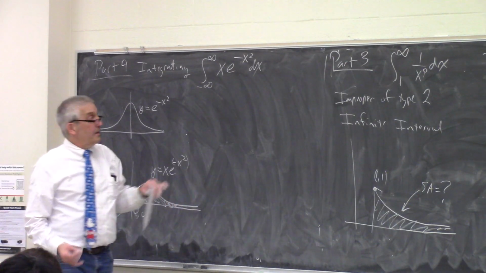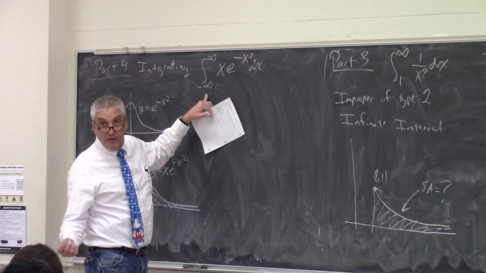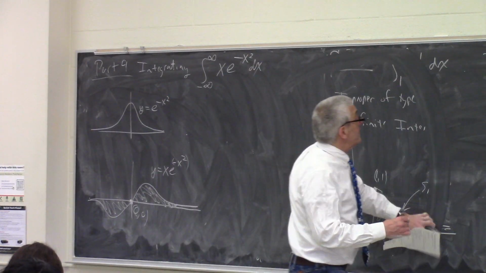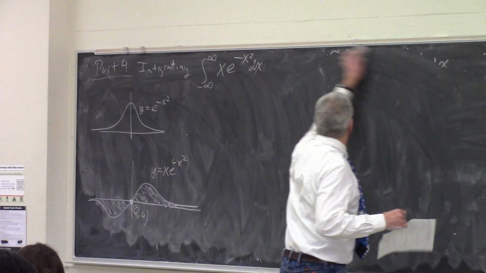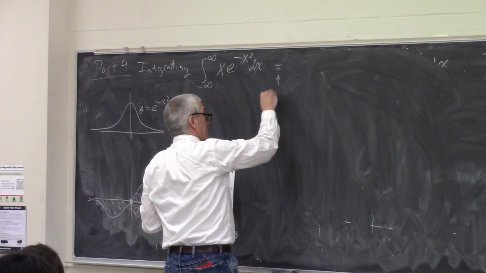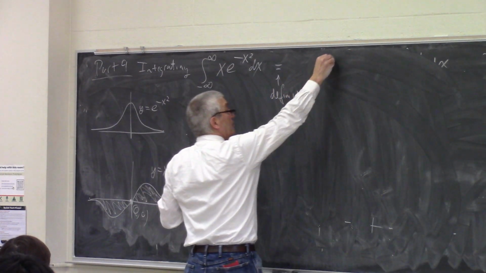Well, this is improper, again, because it's an infinite integral, but it's doubly infinite. So we have to define how to deal with this. The way we deal with this is we break it up.